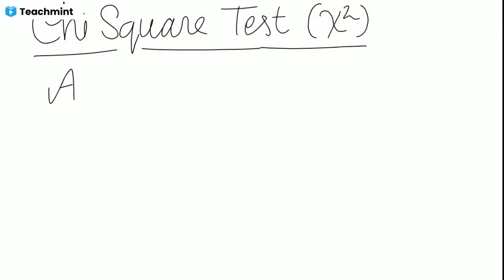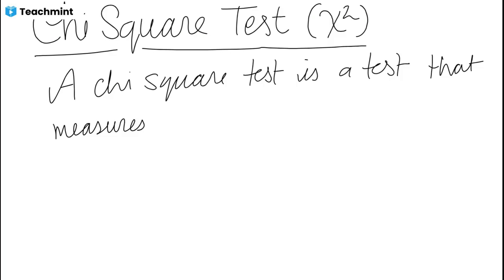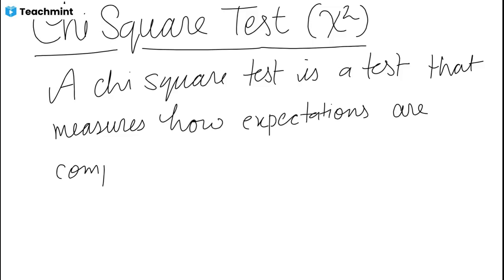A chi-square test is a test that measures how expectations are compared to the actual observed data.